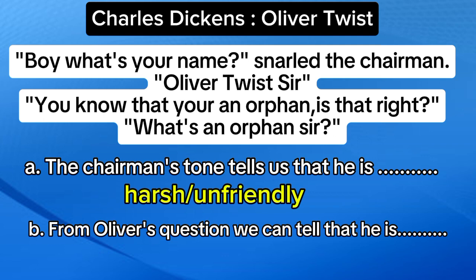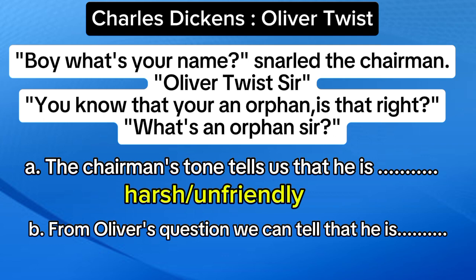When you go to the third line of the extract, you will see: "You do know that you are an orphan, is that right?" "What's an orphan, sir?" So Oliver's question was, what's an orphan, sir?